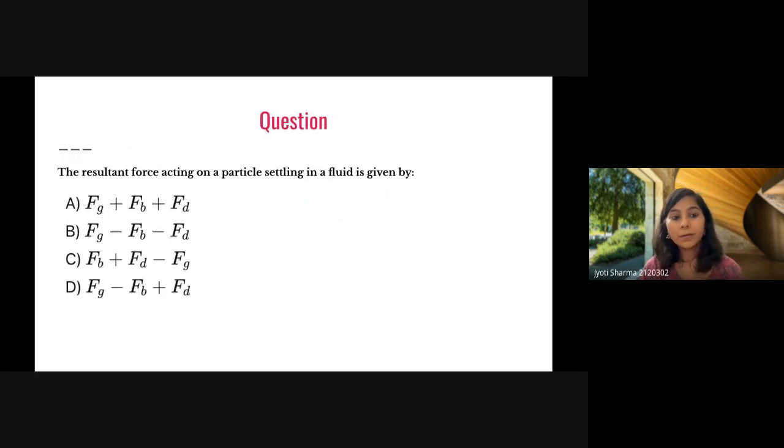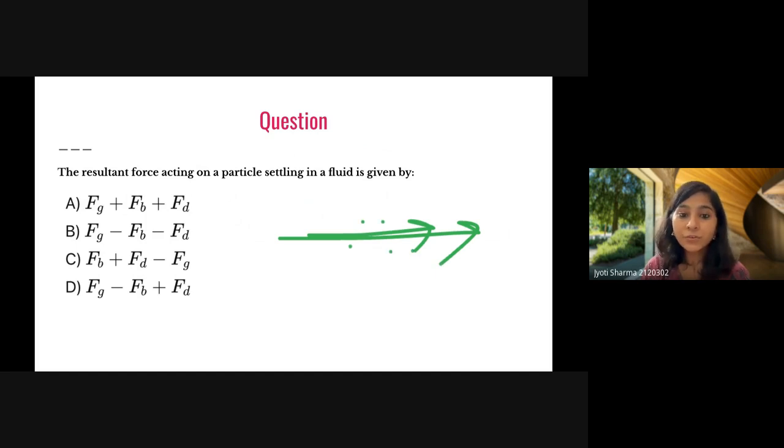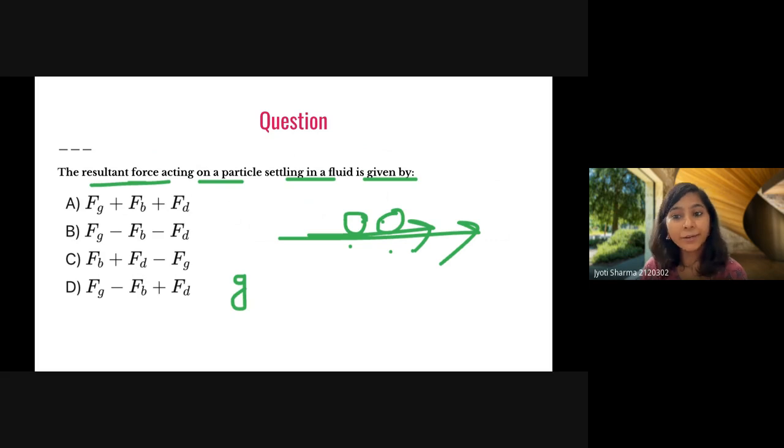Okay. Then in the gas, so this is gas, and gas has some particulate matter. Each of these particulate matter has some force, one that is coming from the down, and one that is coming from up. So we have to tell the resultant force that is acting on the particle settling in the fluid, given by G for gravity, B for buoyancy, and D for drag.